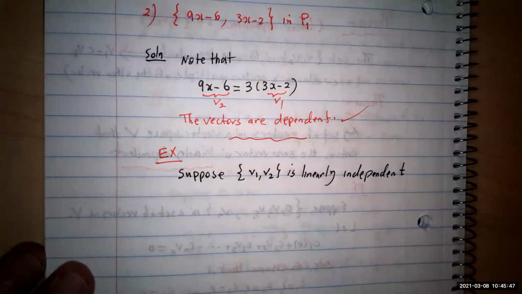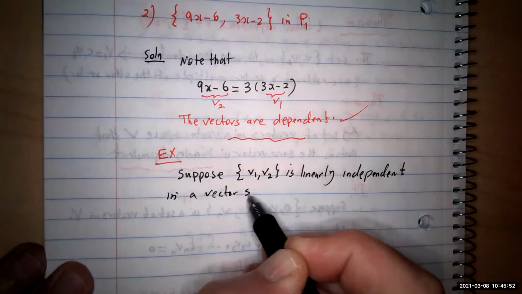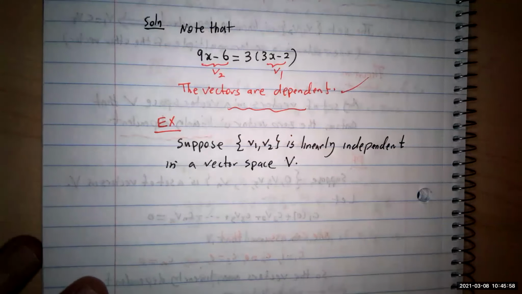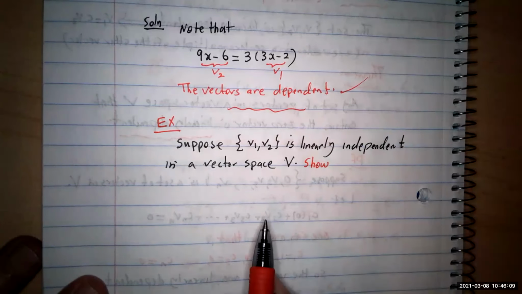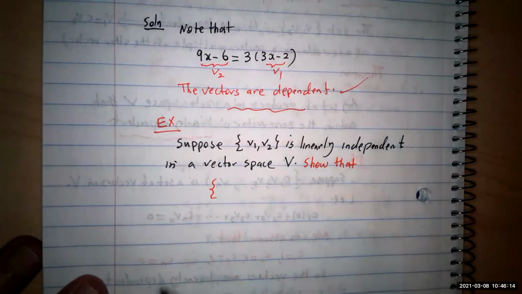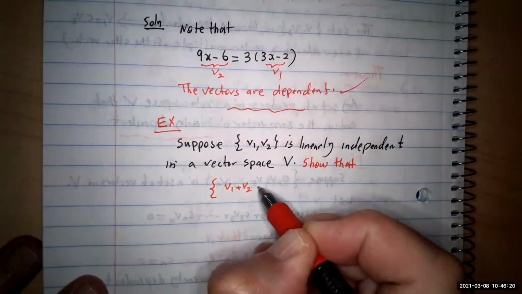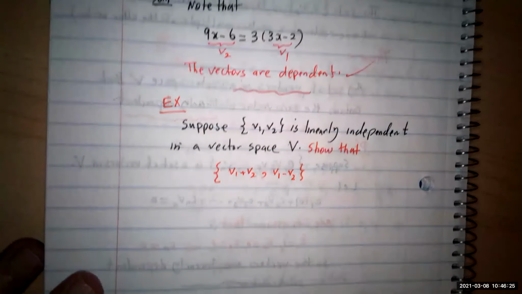in a vector space V. Then they ask you to prove that, show that this set of vectors, the first one being V1 plus V2, comma, V1 minus V2, is also linearly independent.